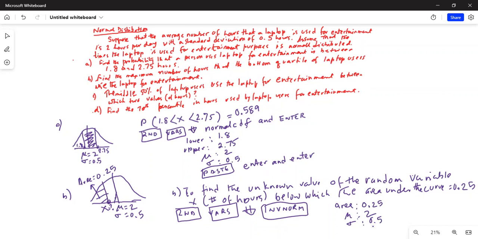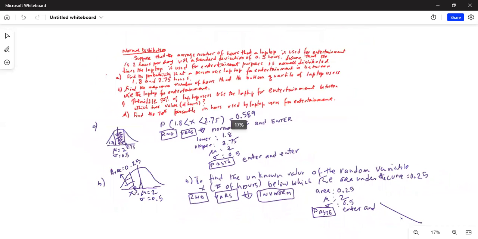And then go to paste and hit enter and enter. Enter and enter. And the space is automatically created for me, so I just need to erase this.